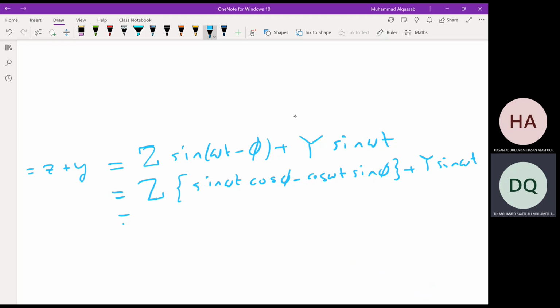And you can proceed until you get X sine omega t minus psi, not phi, some other phase. The phase phi was between z and y. Here psi is the phase between x and y, so they are not the same.